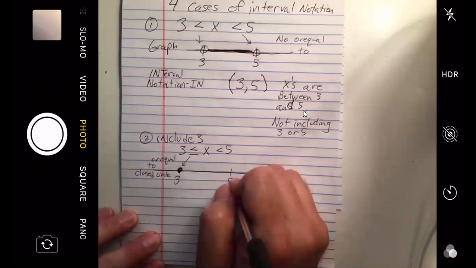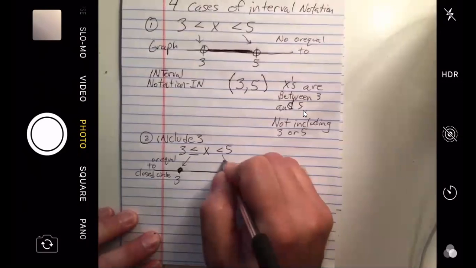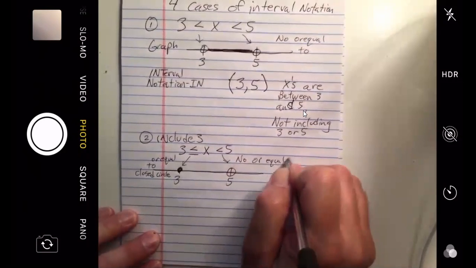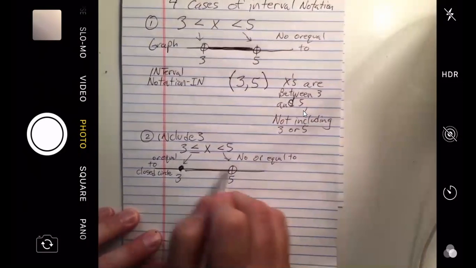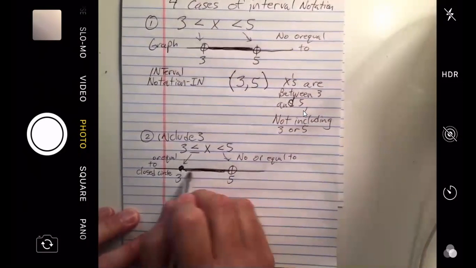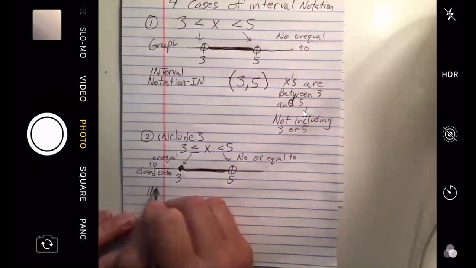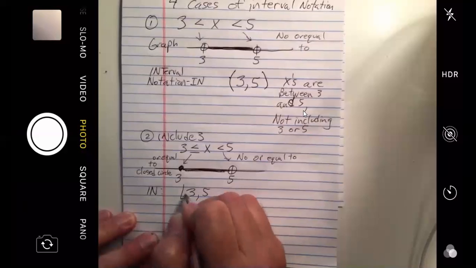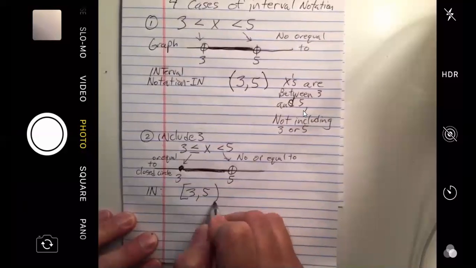At the 5, you're still open. No or equal to. You're still shading between them. And on the interval notation, it'd be 3 comma 5, but you're using a bracket here, parentheses here.